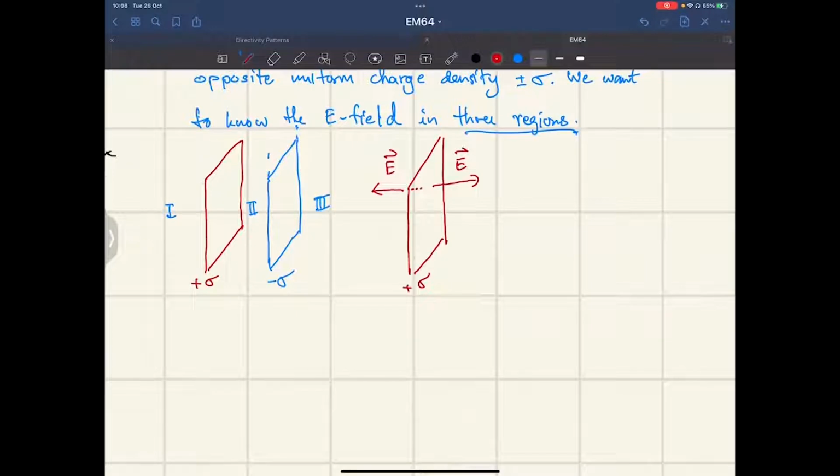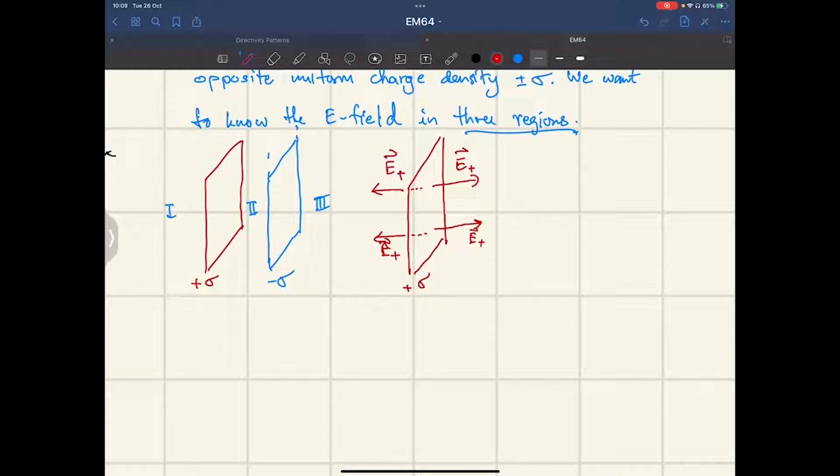Let's call it E plus here. I only draw one line, but there are other lines also.